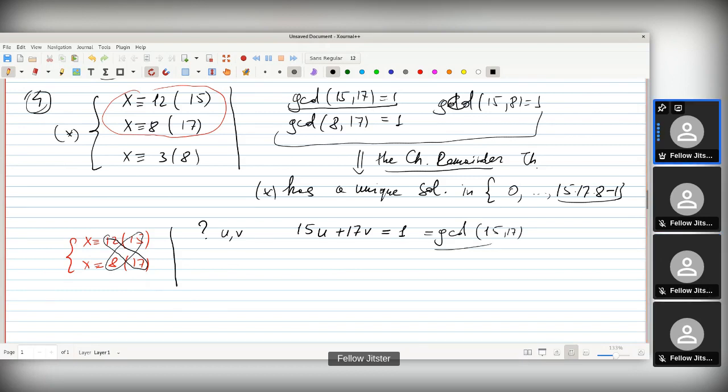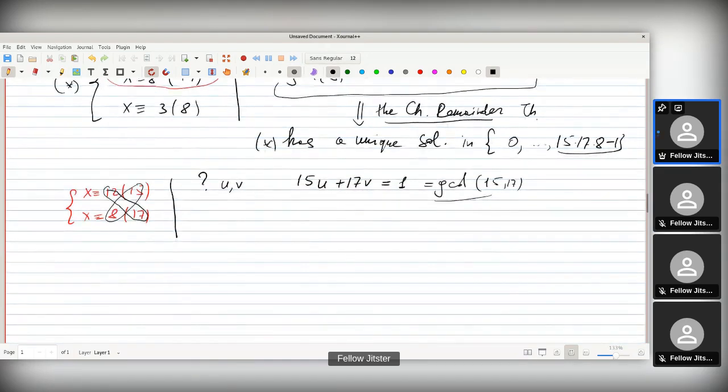By the way, can you see the whiteboard? Yes. Okay, I'm writing just that. So let us find these numbers. How can we do so?